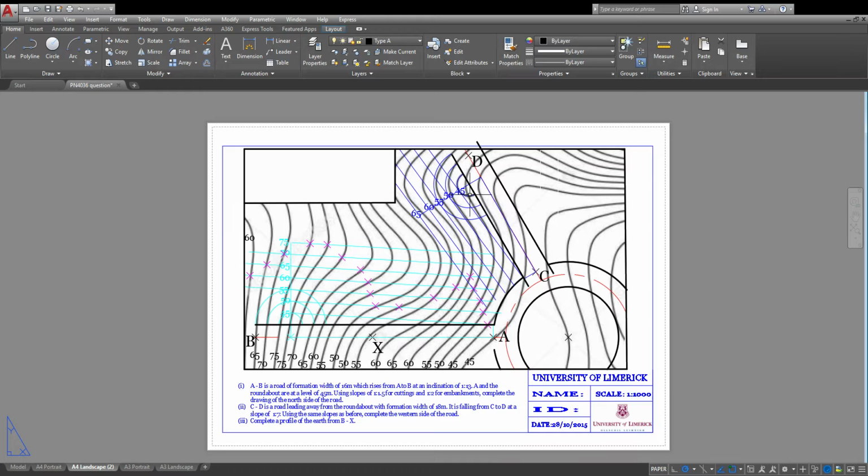We've drawn our 7.5 mil radius semicircles there, increased by 7.5 each time. Draw our contour, draw our tangential lines to them, which are parallel to each other, and we're going to plot our points for them again.